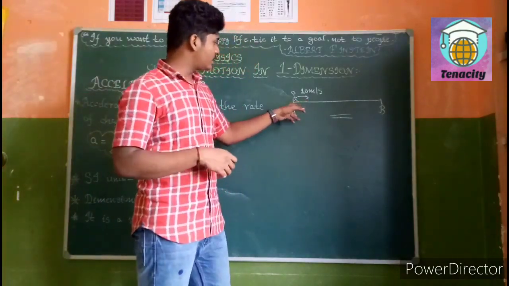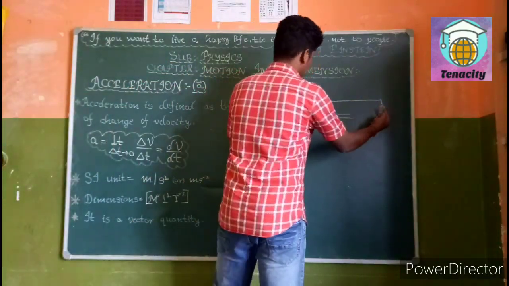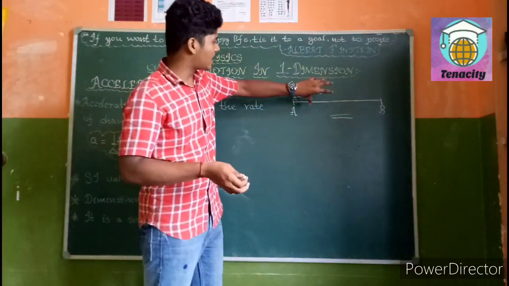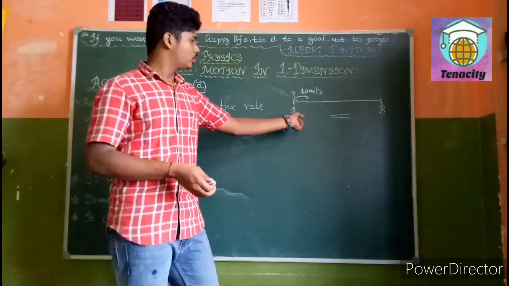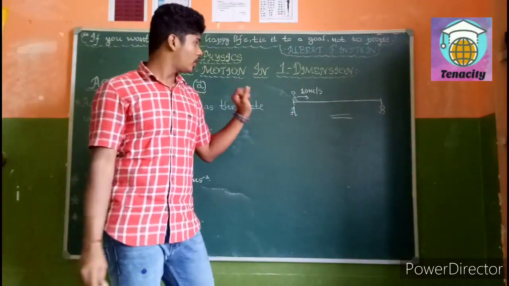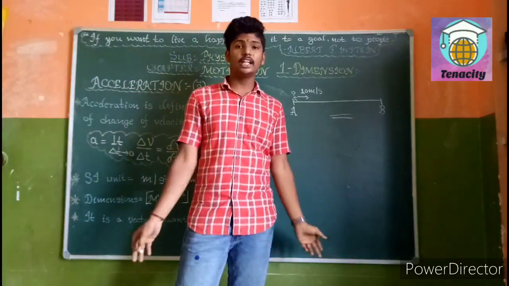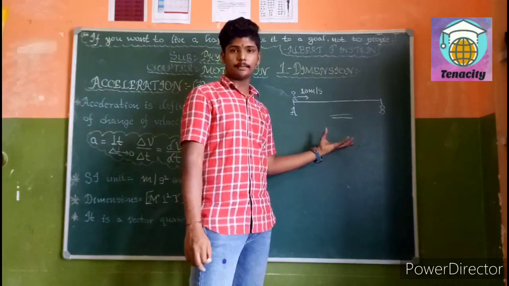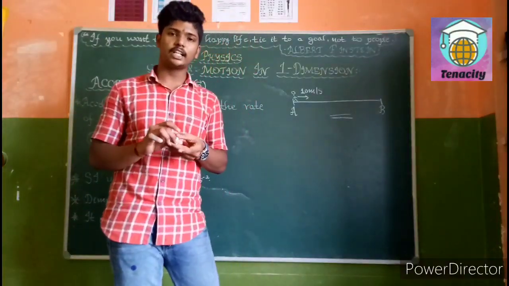If he is traveling from A to B at 10 meters per second throughout his journey without changing his velocity at any time, we call it uniform velocity, as I said in the velocity and speed concept.